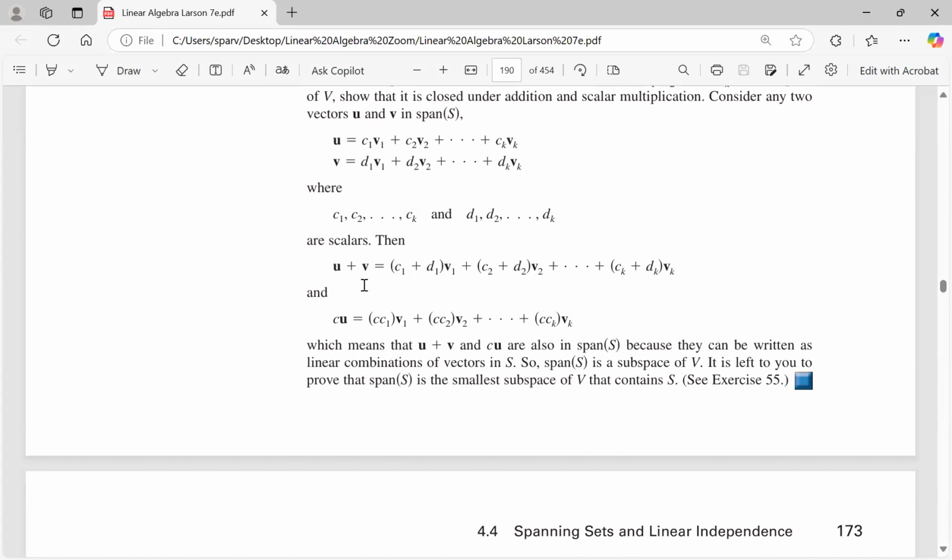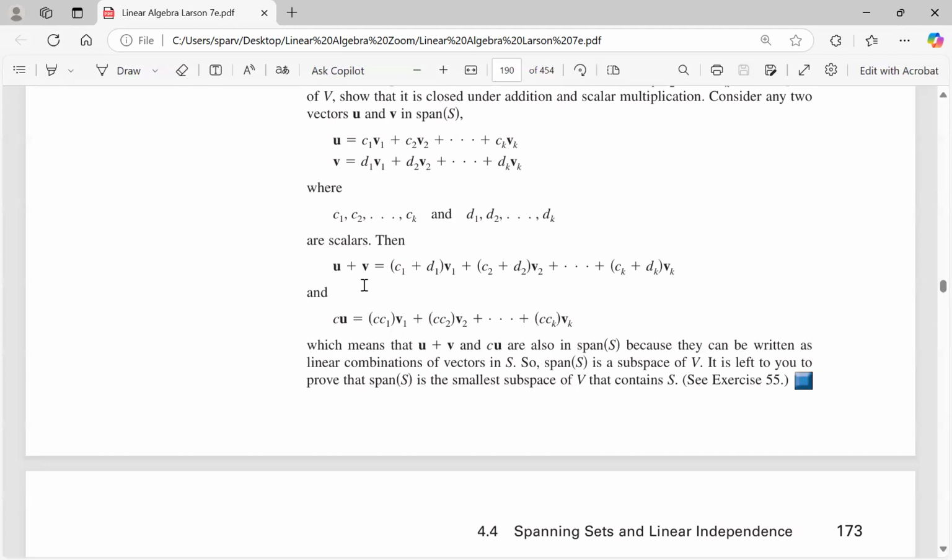Now, one thing I wanted to mention, by the way, is that if two sets span the same subspace, suppose I have set 1 and set 2, they span the same subspace, then the span is not unique in that sense.